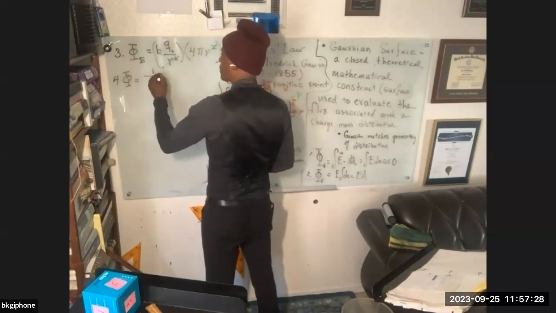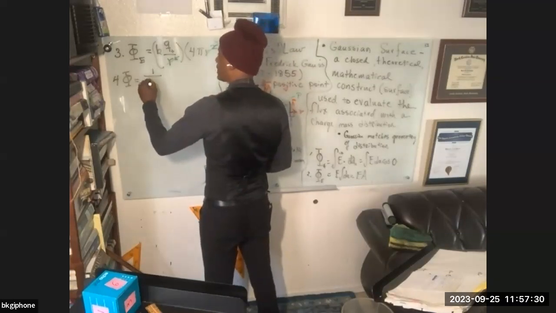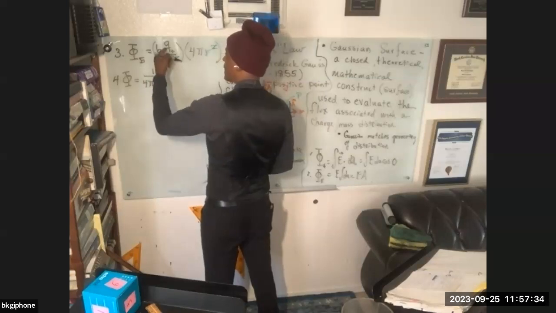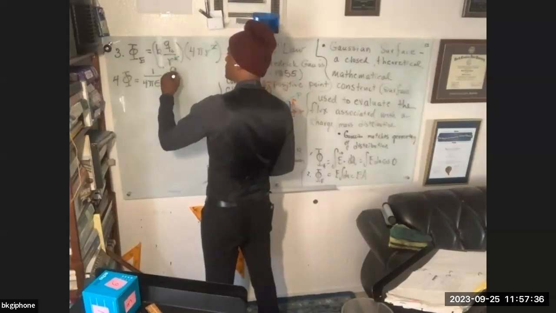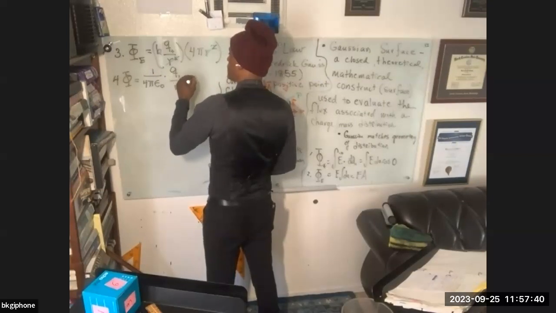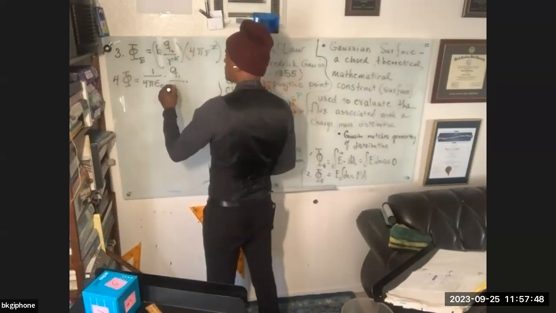So 1 over 4 pi epsilon naught times Q plus over 1, and then times the 4 pi, well, let's just keep the squared in there for now. Whatever.